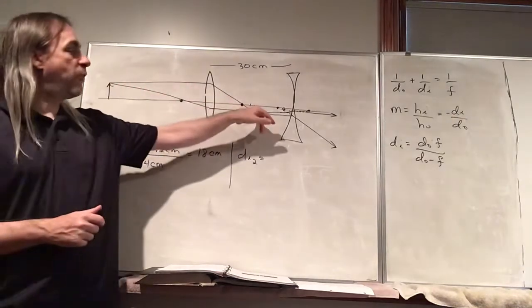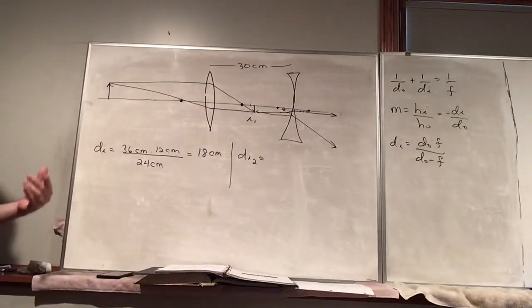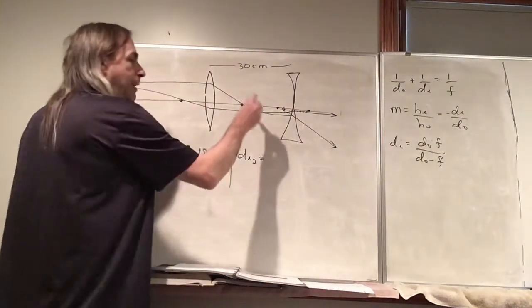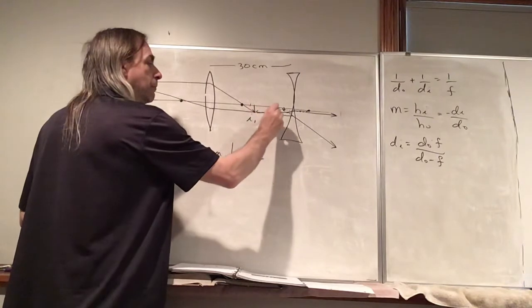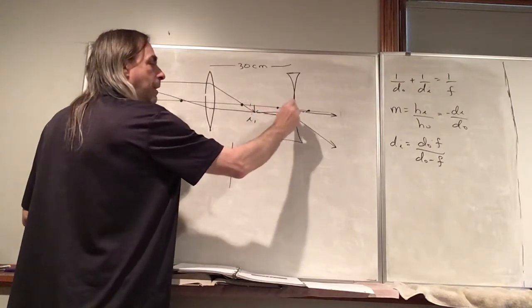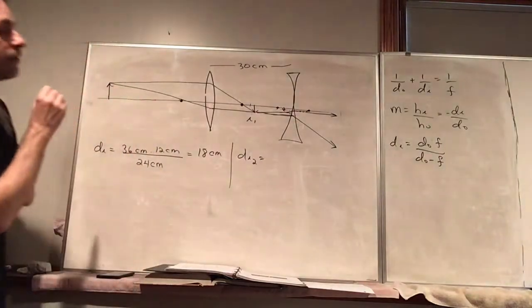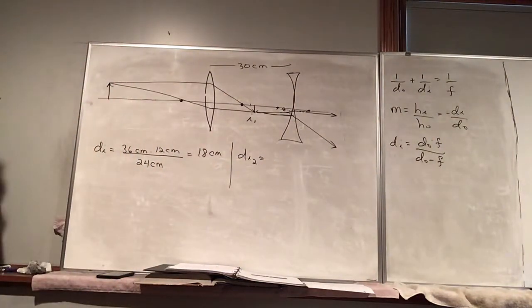So we found this first image, and then I drew the ray diagram to get the second image, and then the internet went out. So what I did, we have ray 1 parallel to the principal axis, and then it's a diverging lens, so it's going to move away from that focal point to the left.